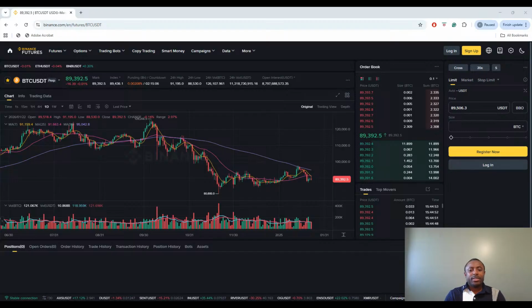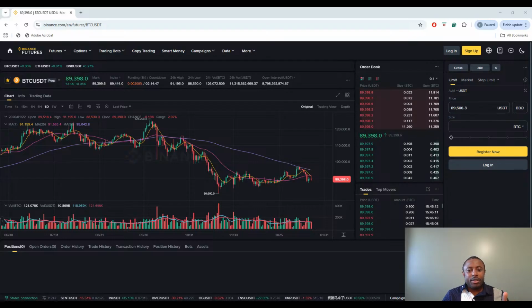I think the key thing is to understand the time frames. So what does that mean? They represent the period of price movement or fluctuation.